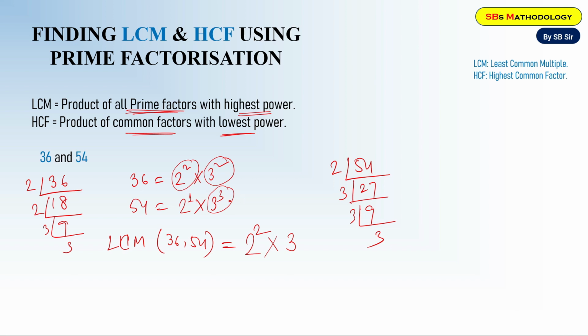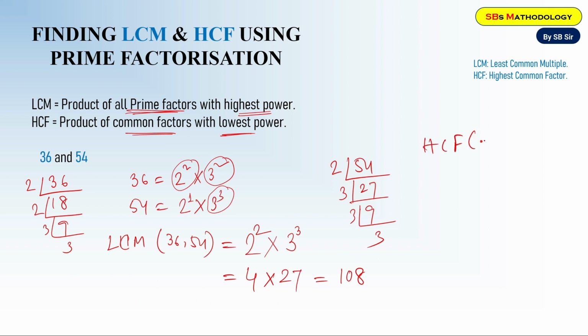So the highest power is 3. So we take all such prime factors that occur in either number with their highest power, then make a product to find the LCM. So here is the LCM: 2 2s are 4 multiplied by 3 cubed, that is 27. 27 into 4 gives us 108. Right, this is the LCM.